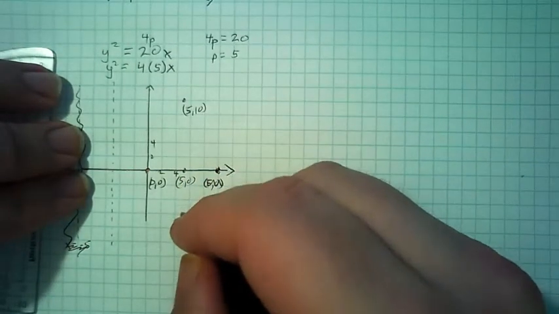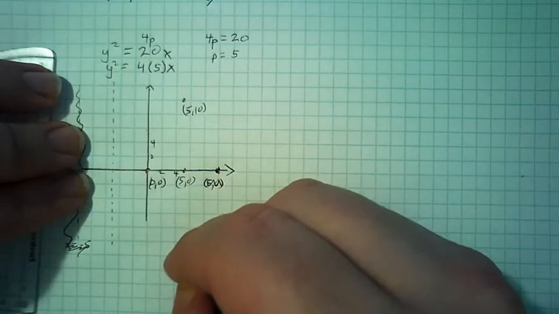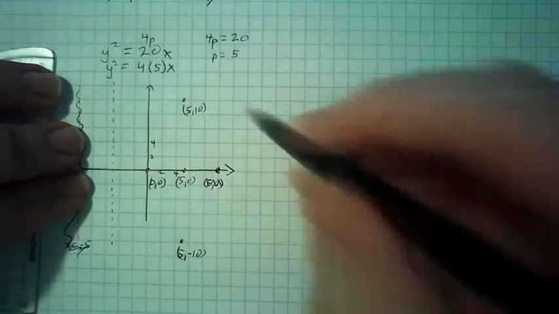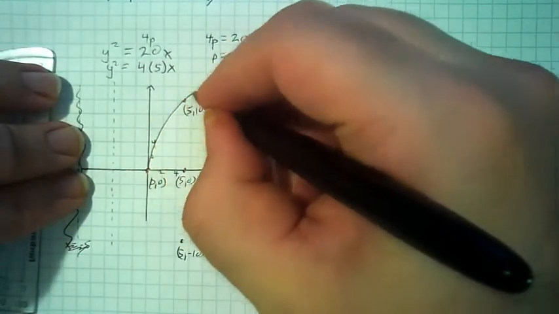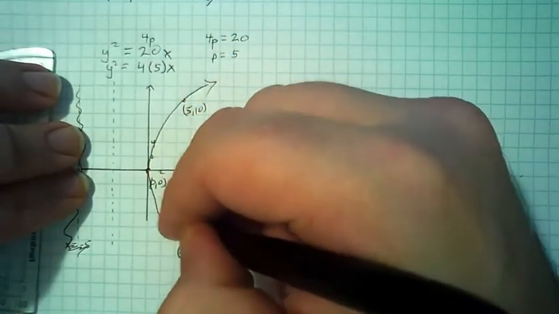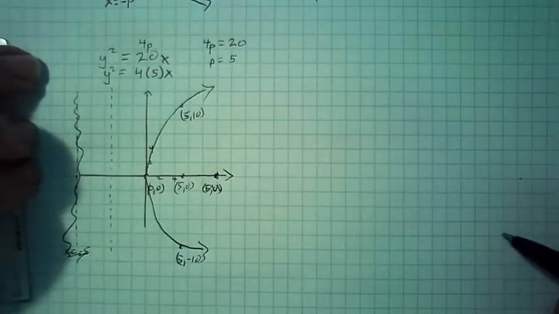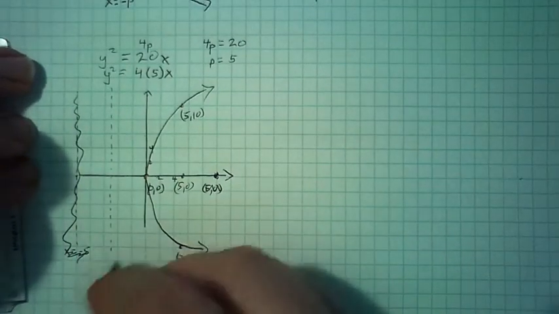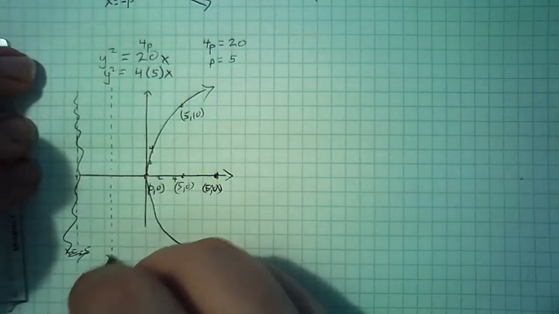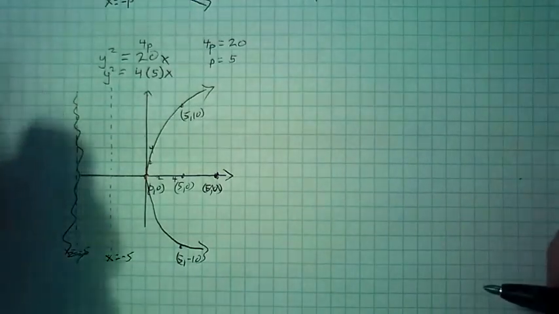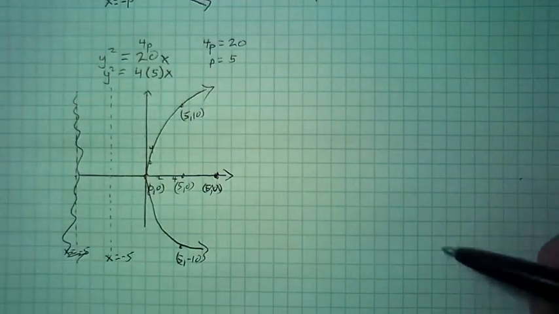Similarly, 2, 4, 6, 8, 10. This point here, 5, negative 10. And I draw my parabola going both ways. y squared equals 20x. You'll want to label your directrix and your focus. And labeling a couple points is a good idea.